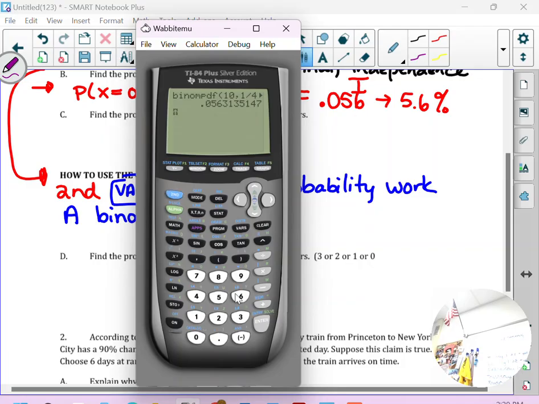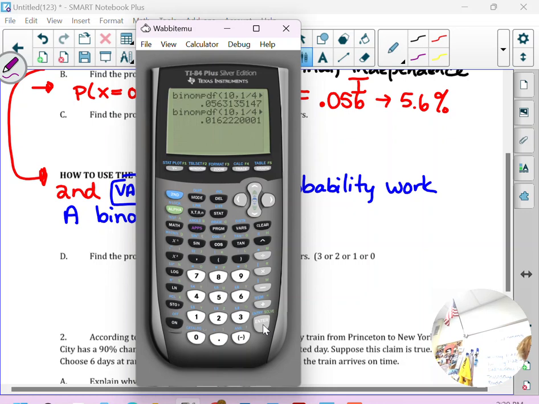If I do second and enter, it's going to reprint. It's going to say, okay, this is the last thing you did. You did this binomial PDF with 10 and a fourth and 0. And I can say, all right, I want to do the exact same thing with 10 and a fourth, but I just want that now to be 6. Boom. I don't have to start back at the beginning.